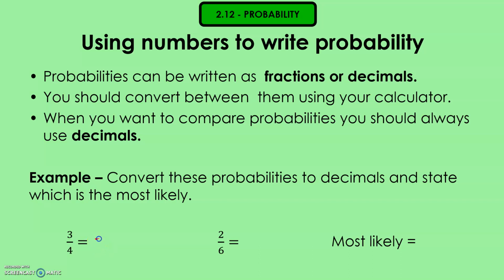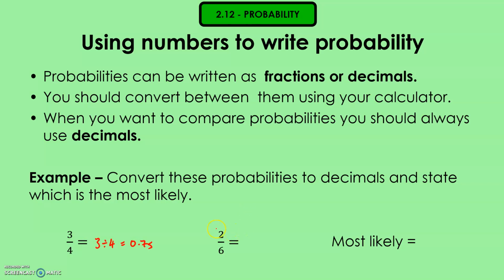So the first thing we do is 3 divided by 4, so 3/4 is 3 divided by 4, which gives us 0.75. If we were describing that on the scale, it's more than 50%, so it's likely rather than unlikely.